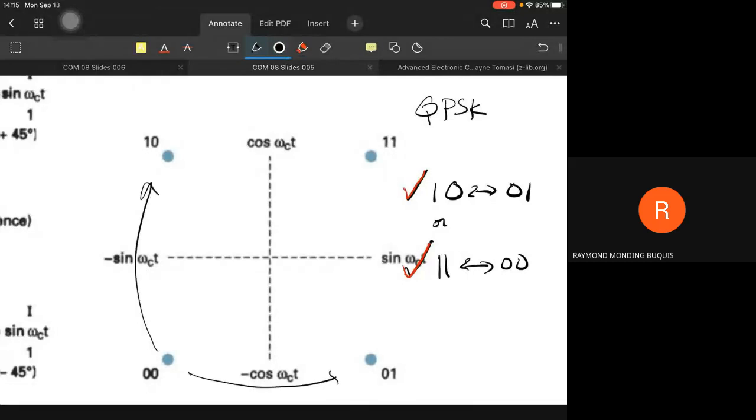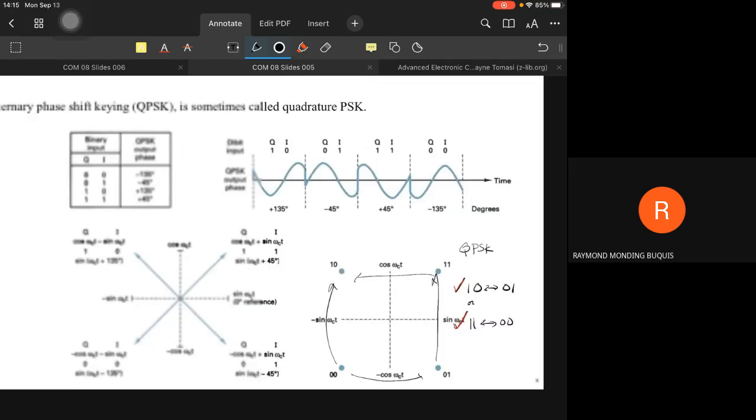So it requires a larger instantaneous bandwidth requirement. Something like that.